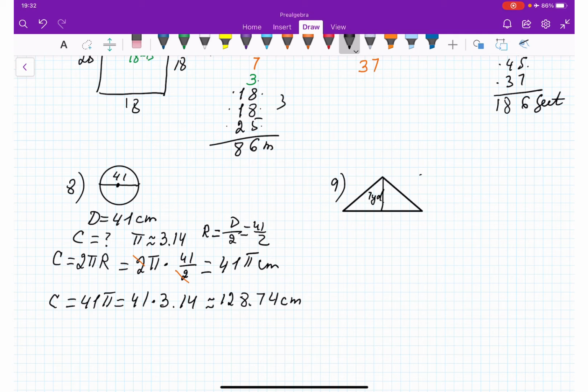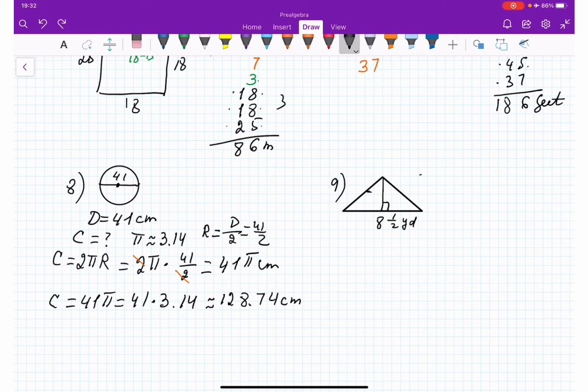And obviously this is going to be a right angle because it's a height. Height is perpendicular to the side. Okay. So how much is the area? Oh, this side is 8.5 yards.